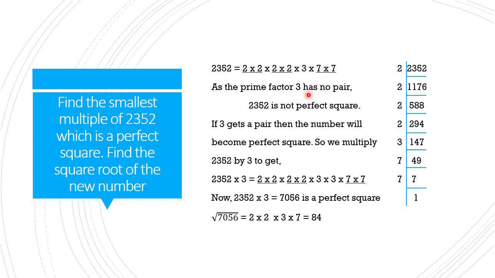Now we know from this line 3 is not in pair, and if we write one more time 3, then it will become a perfect square. So we are multiplying this number by 3. Okay, so here we write 2352 multiplied by 3 is equal to right side.